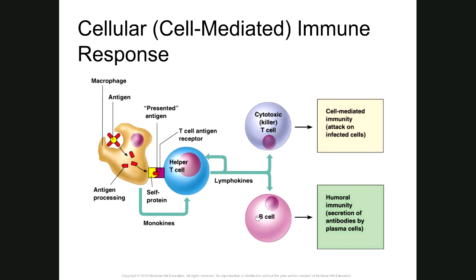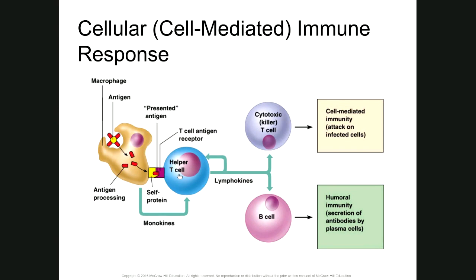Here you can see the cell-mediated response. You see that first we have a macrophage, which gets the antigen as you see here, and it presents the antigen on its surface, and then the T helper becomes active.